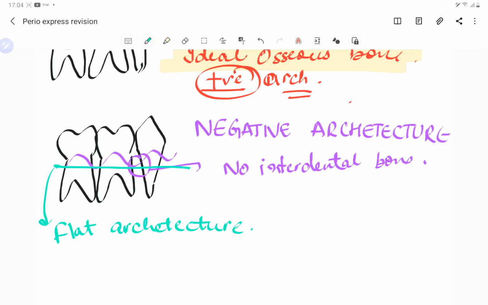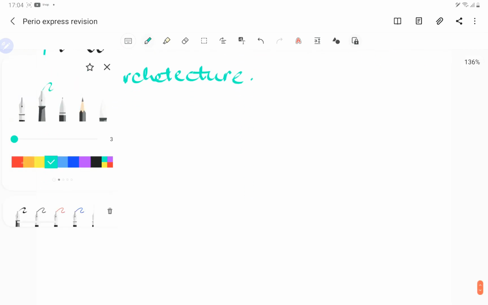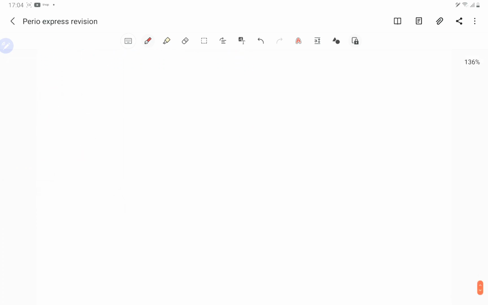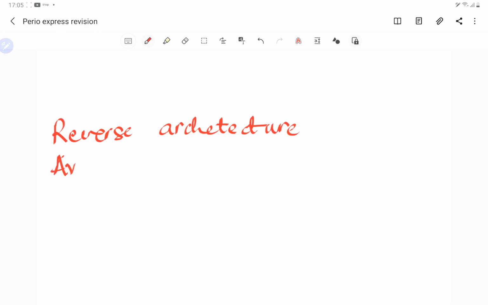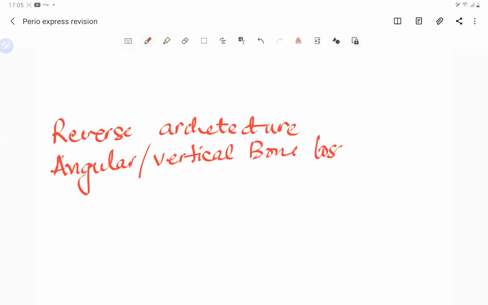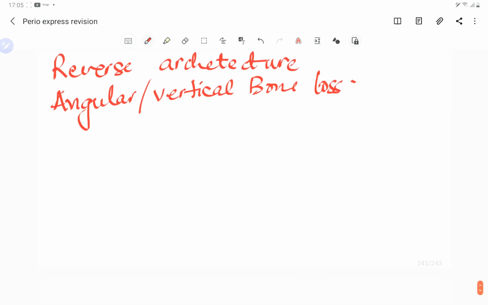Now we have got certain situations, guys. Say suppose if the situation is a reverse architecture is present, or if we say that angular bone loss is present, the another name can be a vertical bone loss, right? So vertical bone loss is present. Or guys, say if there are craters present, you know what osseous craters are. So basically in osseous craters, the interdental bone is missing.